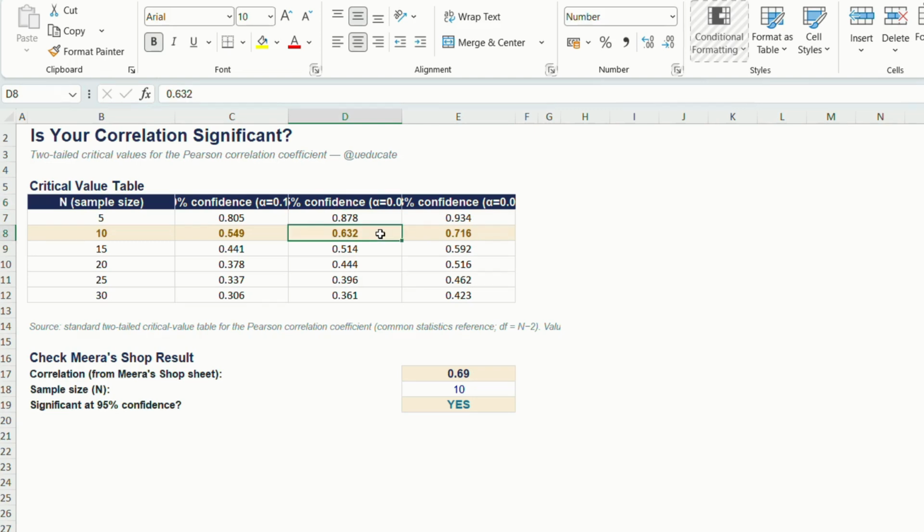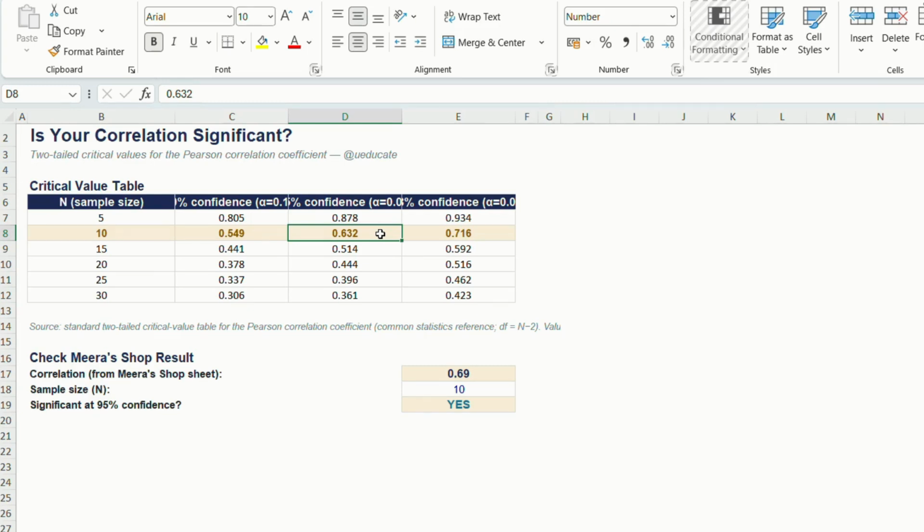It clears the 95% confidence level, not the 98%. That means there is a 19 in 20 chance this relationship is real, not random noise. Solid. So the takeaway is, the more data you have, the more confidence in your number.